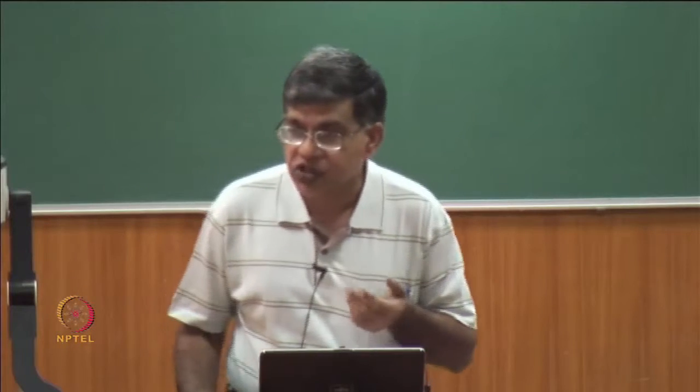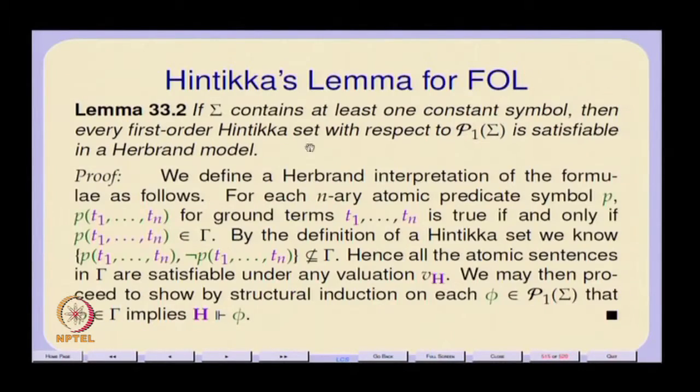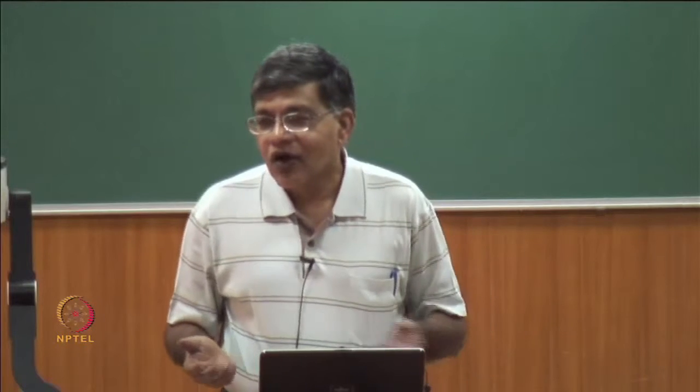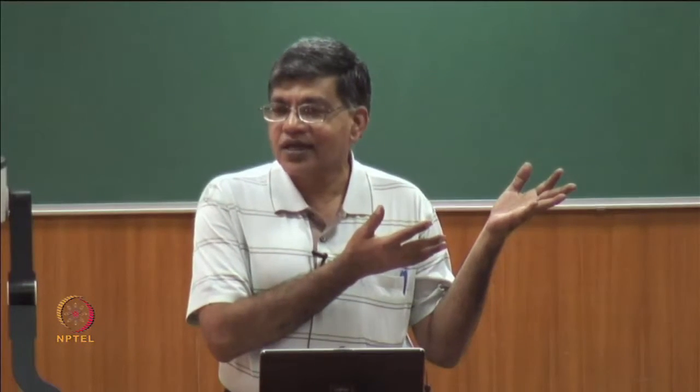That is by definition, right. It would have to be closed under all those things. Now, look at all the ground atomic predicates and interpret your valuation in such a way that exactly those atomic ground predicates are true, right. That is it.